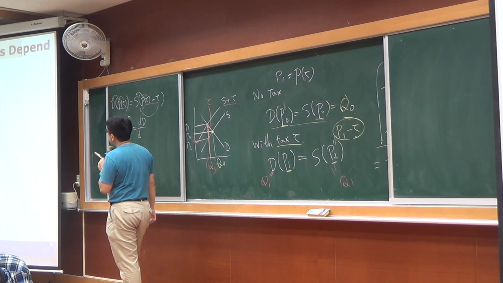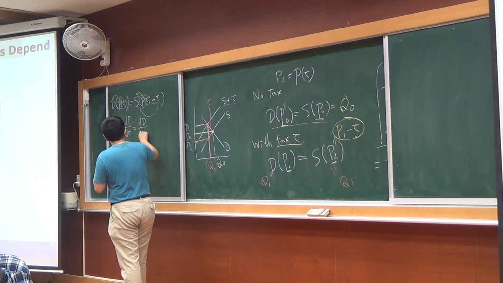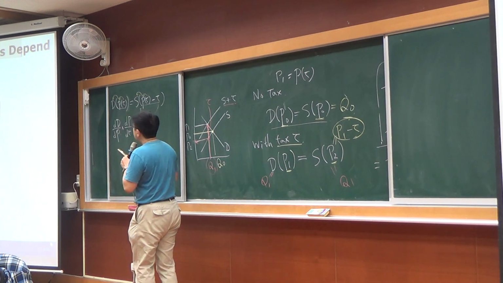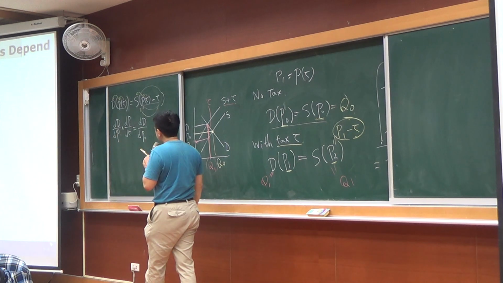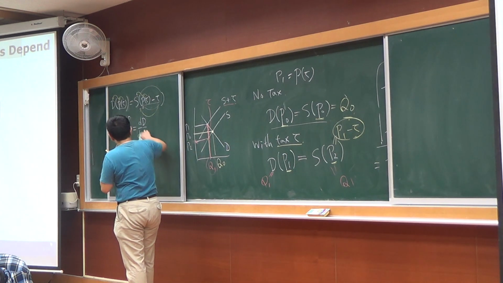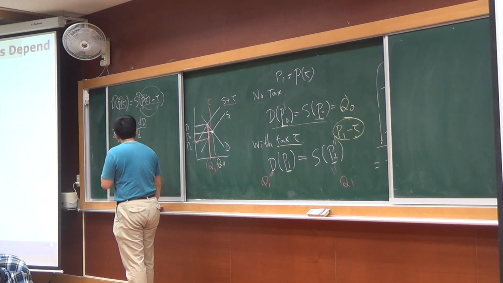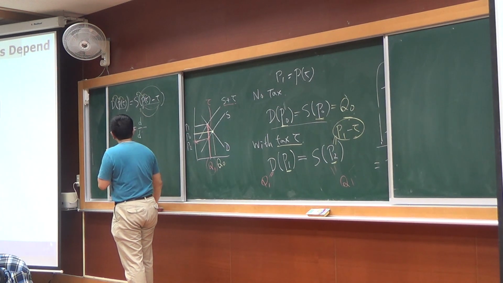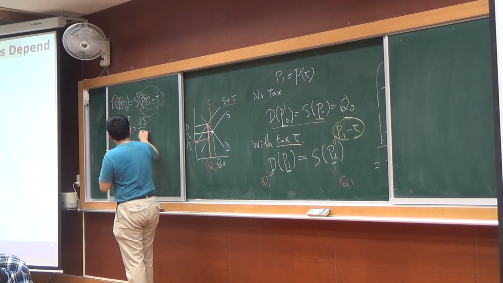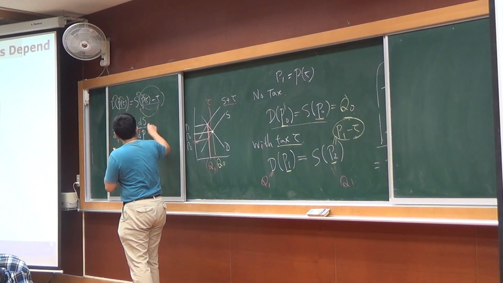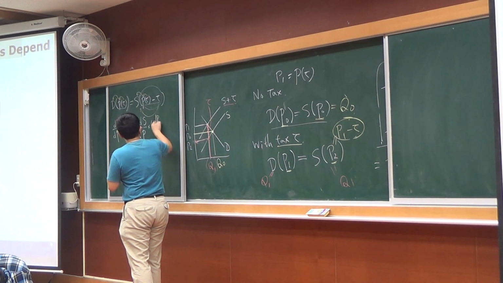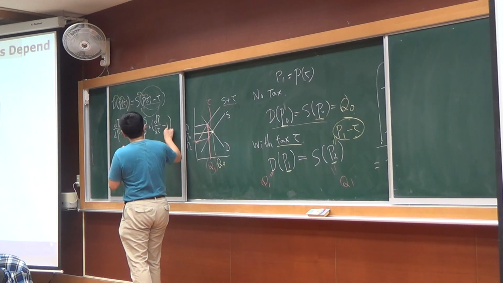I want you to note here, it should be by P2, but we call this argument P. So we just put supply. How does supply get affected by P? By the chain rule, it would be S prime times dP d tau minus 1.